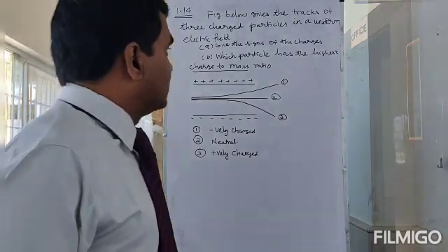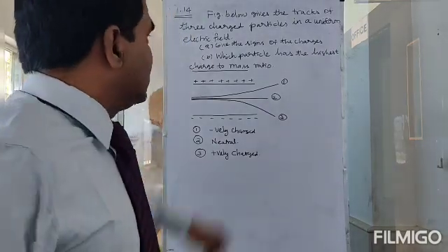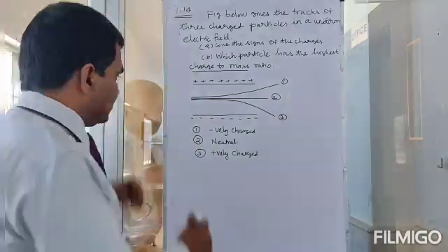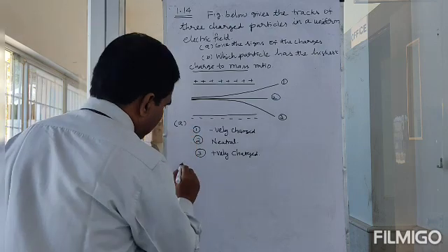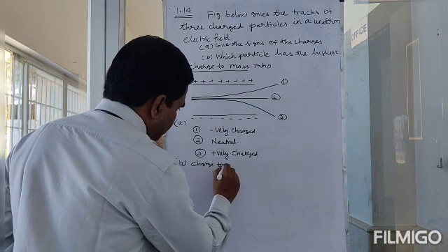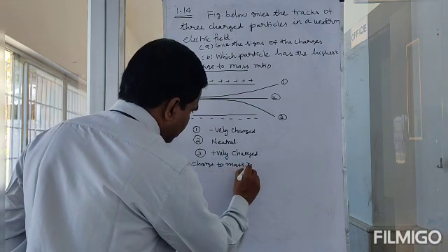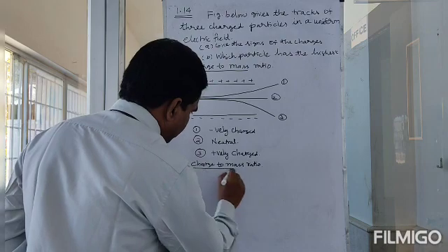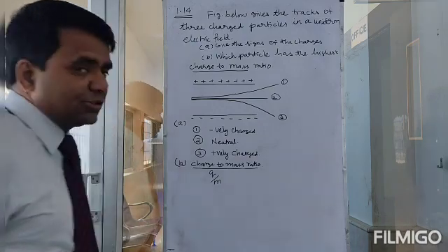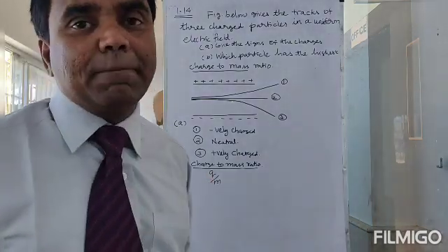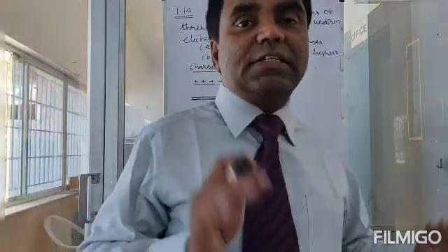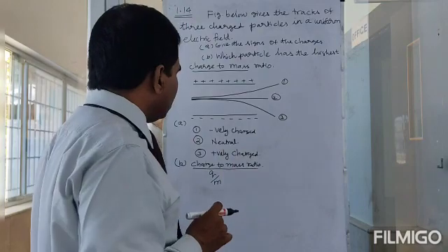And then the second part, which particle has the highest charge to mass ratio? So what is this charge to mass ratio? This is A, and let's say this B is charge to mass ratio. So charge to mass ratio, that's Q by M. So how do I calculate it? Let's see how this can be applied here.